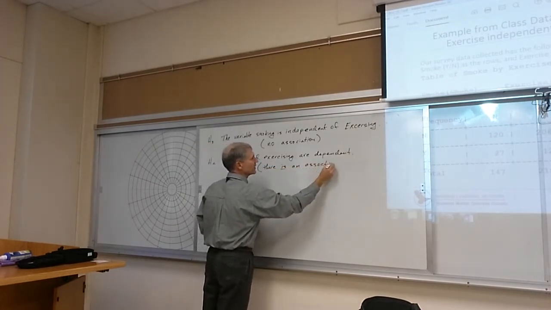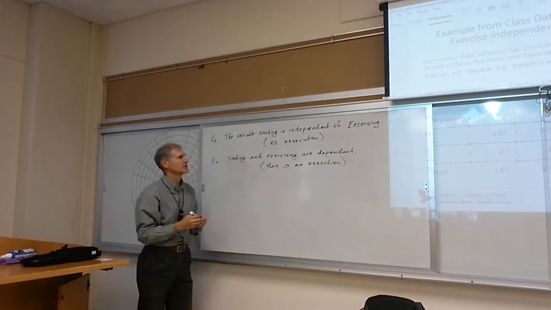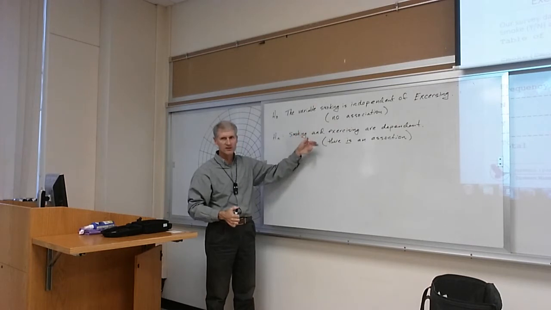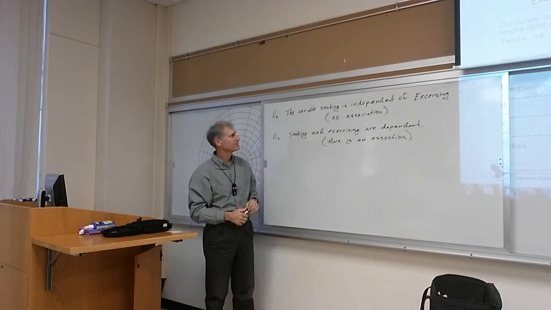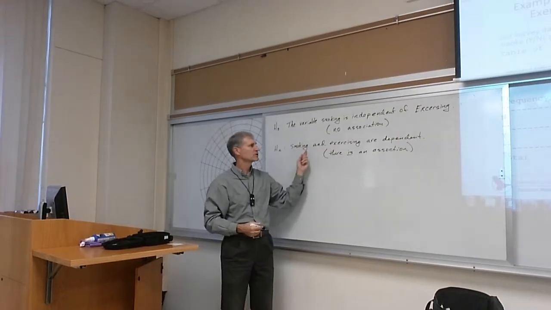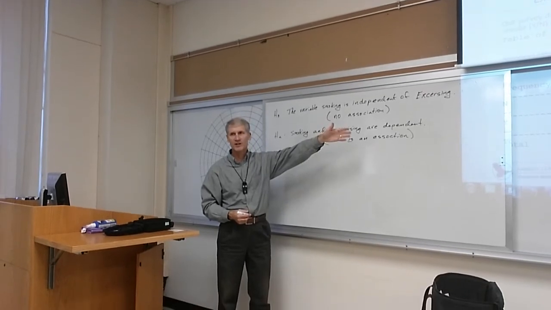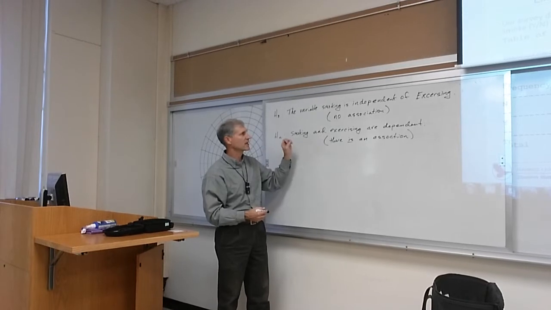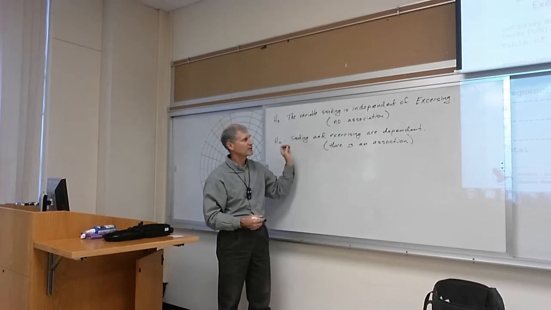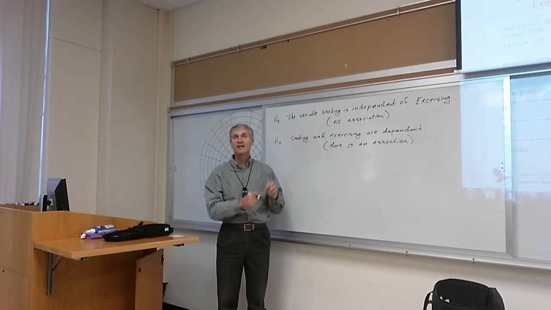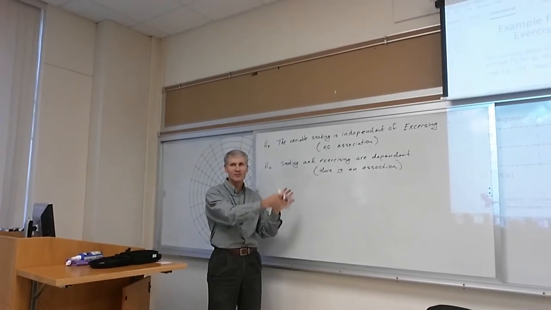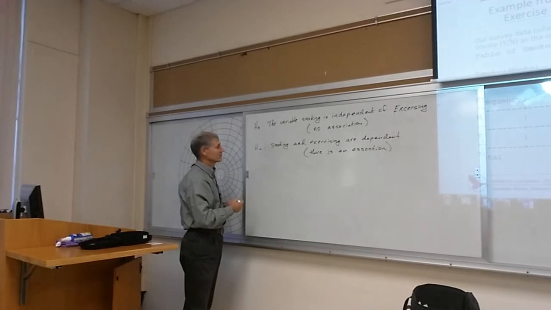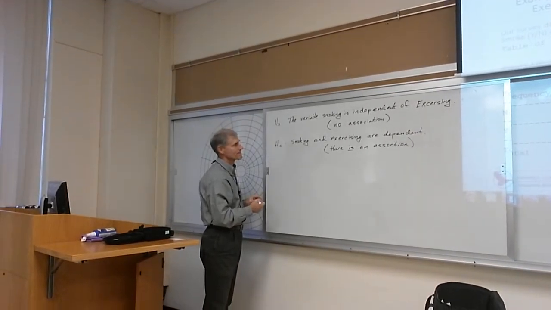You can write it either way you want. It means the same thing. You can use independent and dependent, or you can use no association and association. The key is to talk about which 2 variables your scenario involves. Here it's smoking and exercising. So don't just say they are independent, they are dependent. Say smoking and exercising are independent, to get full credit. All right?